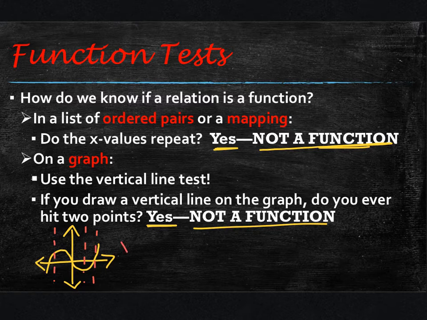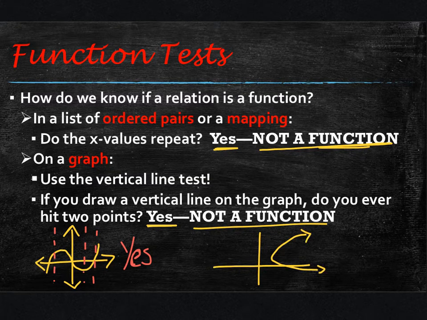So this one is a function because it's not hitting 2 points. Now, if I have this one, for example, and let's say I draw it like this, well, you can see that when I draw my vertical line, I'm going to hit it in 2 spots, and that would not be a function.